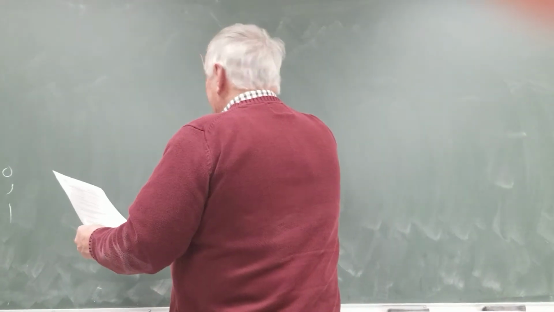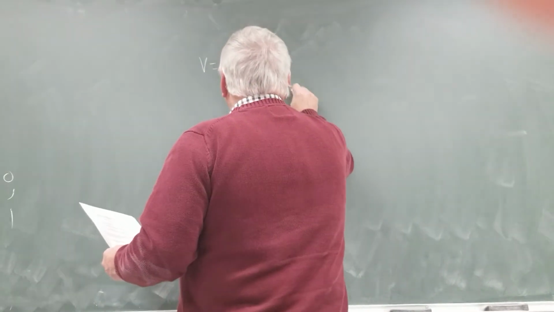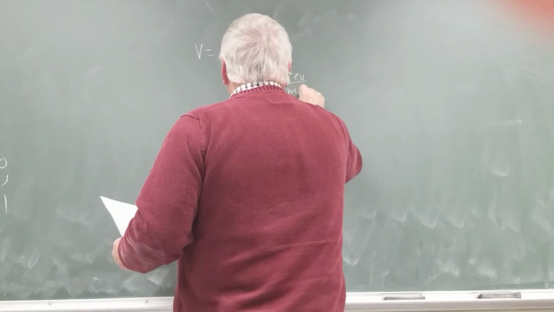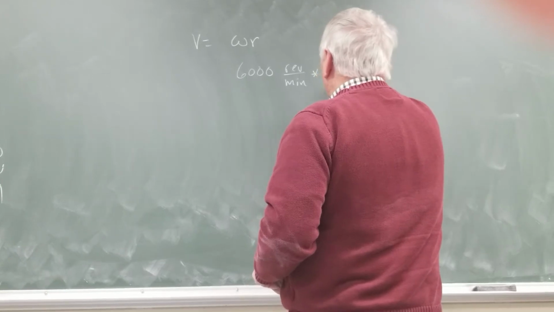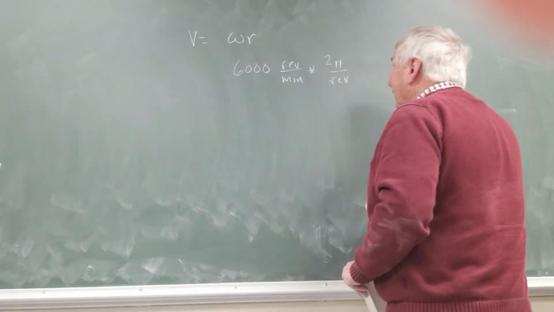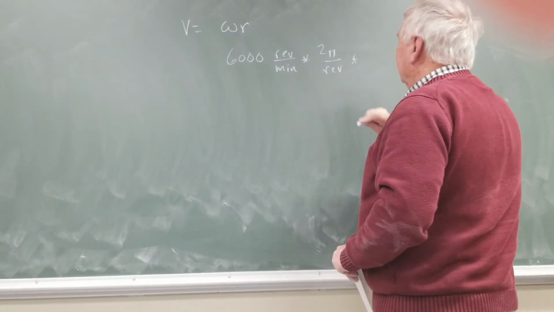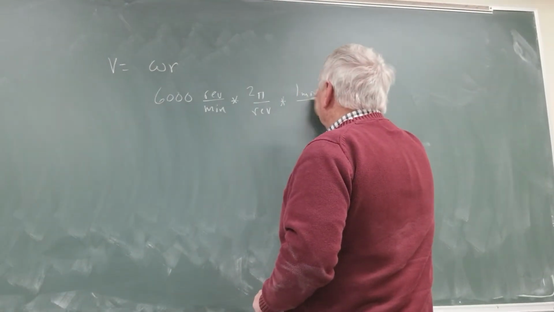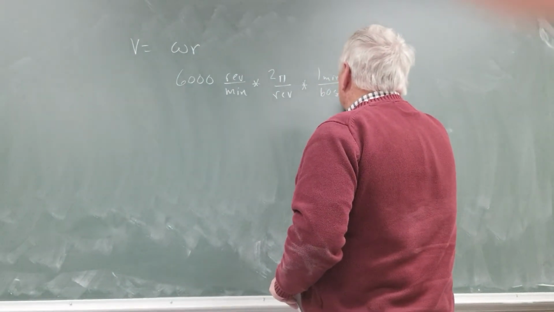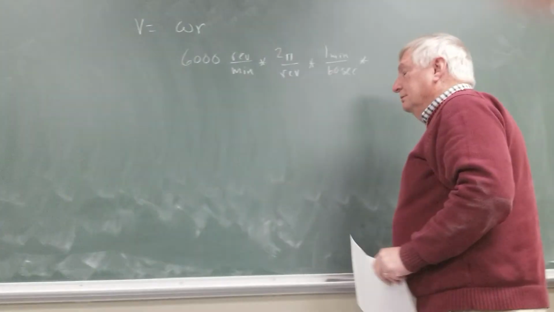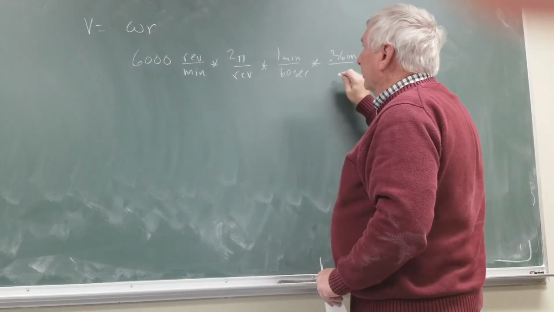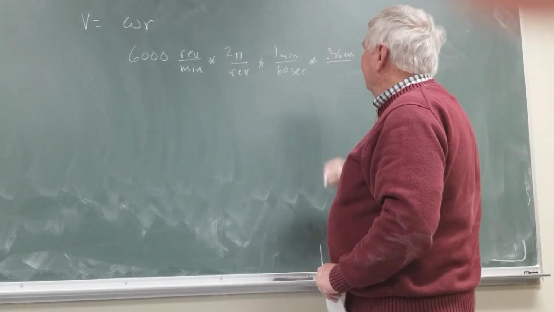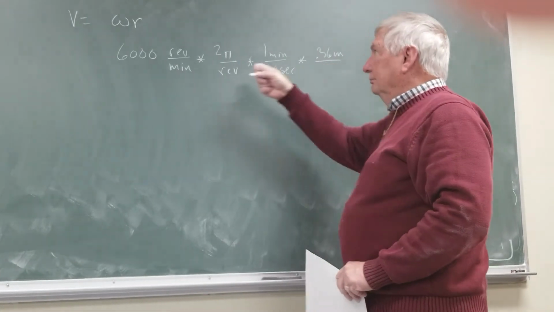So we have 6,000 revolutions per minute times 2 pi radians per revolution times 1 minute in 60 seconds times 0.36 meters per radian. That's R.